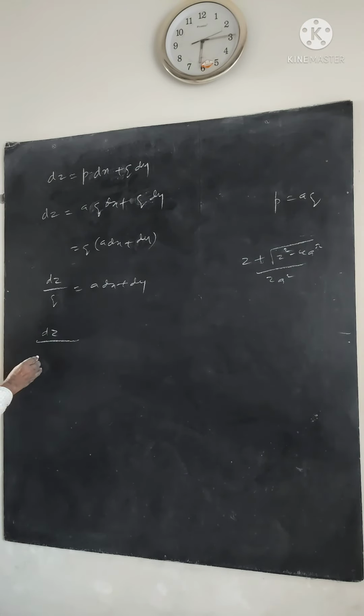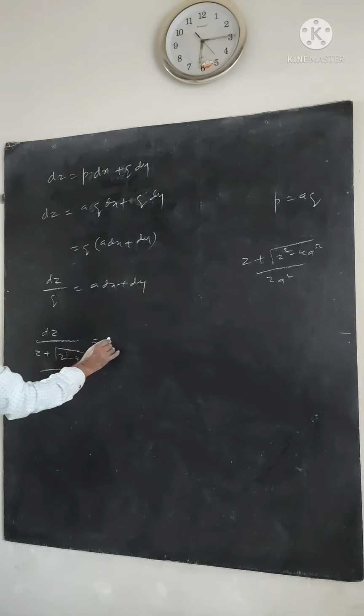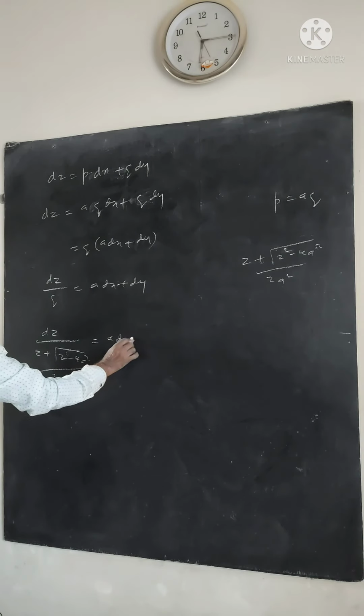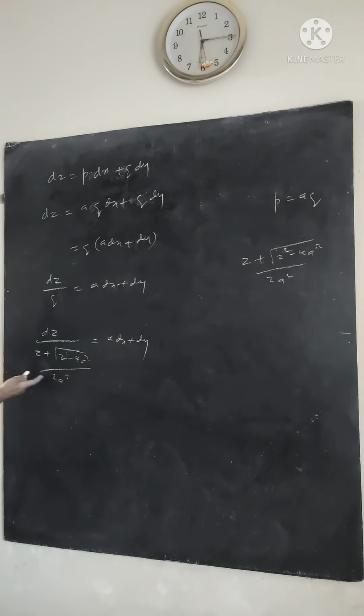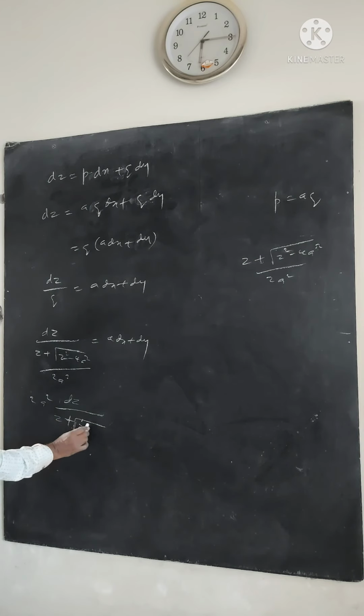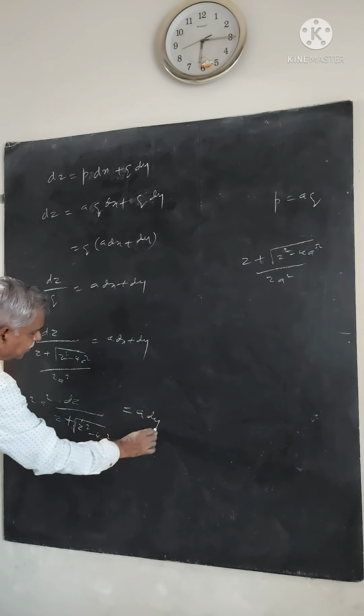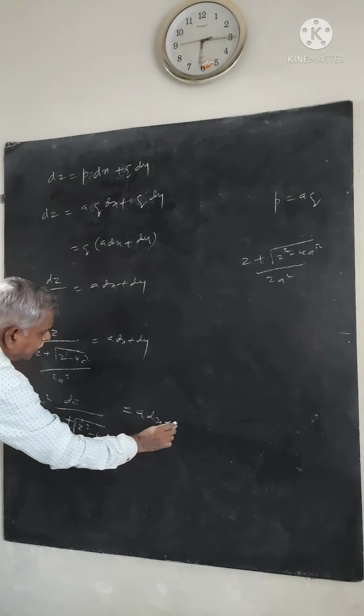So dz divided by that equals a dx plus dy, which is 2a square dz by z plus root of z square minus 4a square equal to a dx plus dy.